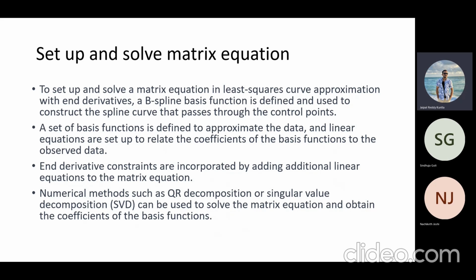Derivative constraints are incorporated by adding additional linear equations to the matrix equation. Numerical methods such as QR decomposition and SVD can be used to solve the matrix equations and obtain the coefficients of the basis functions.